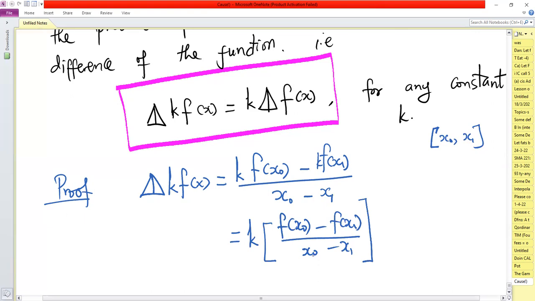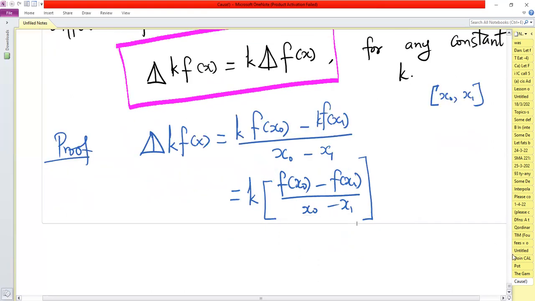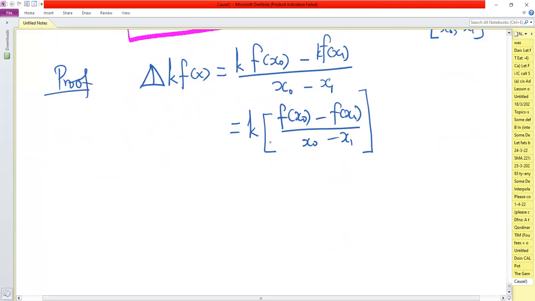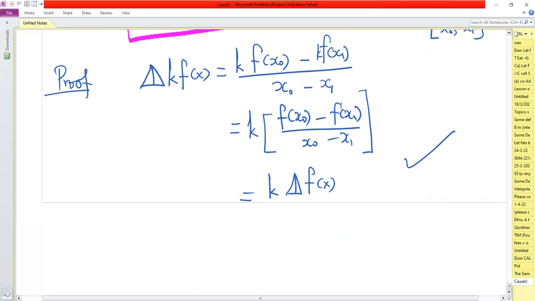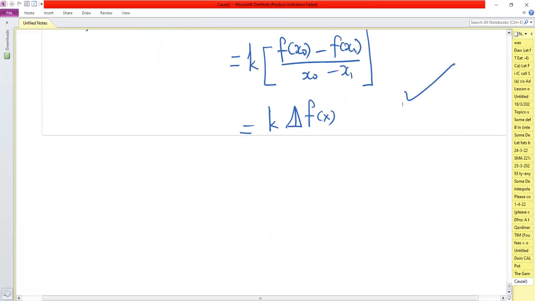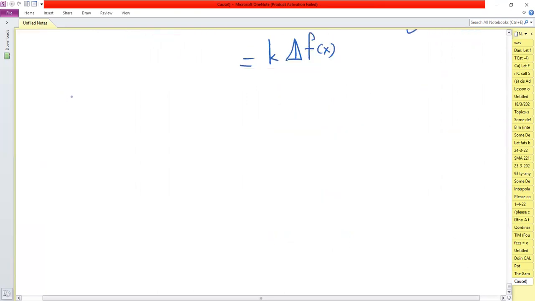And you see, this is just the definition of the divided difference of the function at x0, x1. So it gets the same as k times the divided difference of the function. Therefore, this result is true for any given constant k.